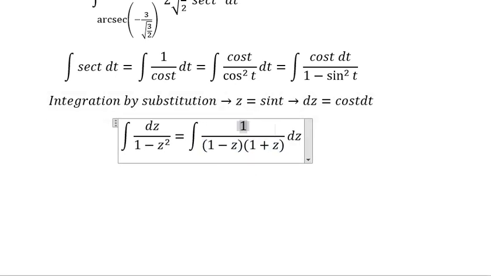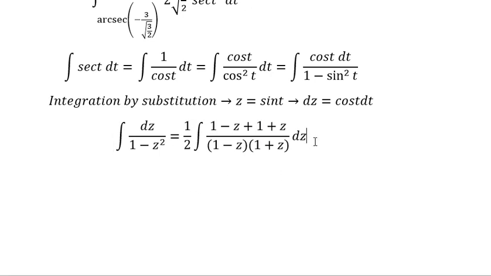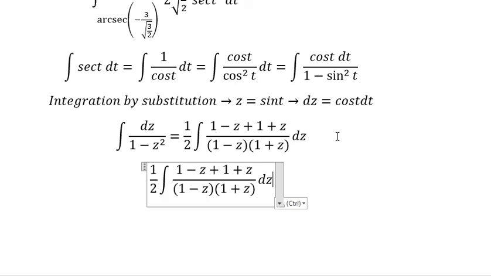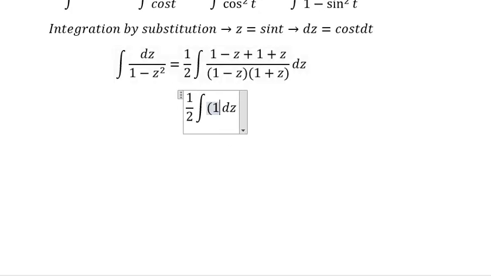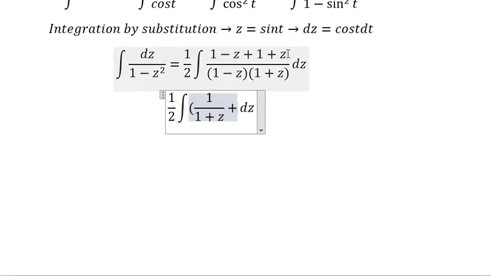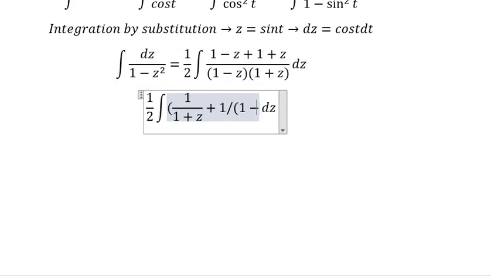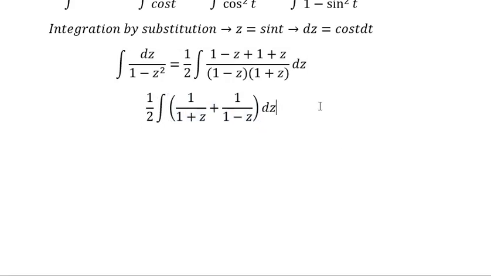On numerator, we put 1 minus z plus 1 plus z, because we have number 1 and number 1 is number 2, so we need to divide by 2 in here. 1 minus z divided by 1 minus z, you got 1 over 1 plus z, and 1 plus z divided by 1 plus z, you got 1 over 1 minus z. And now we can get the final answer.